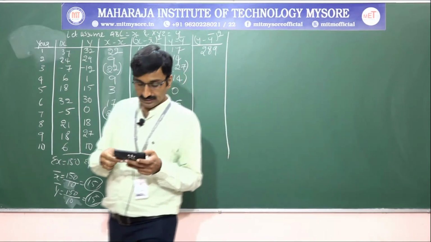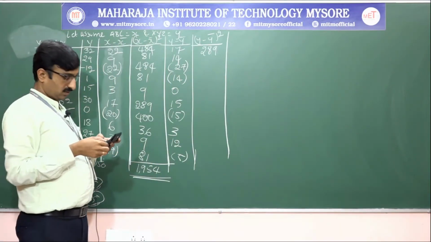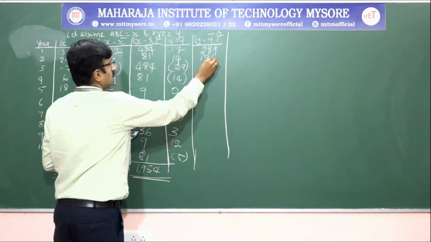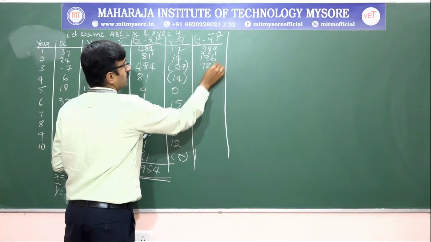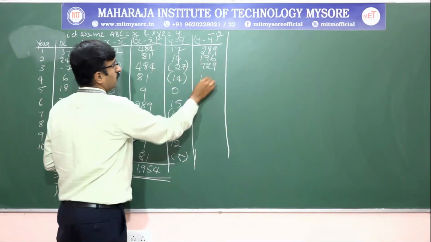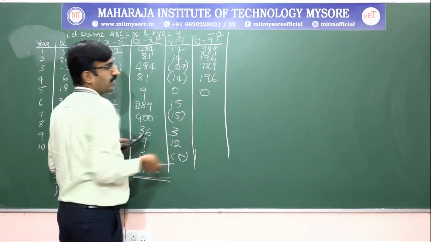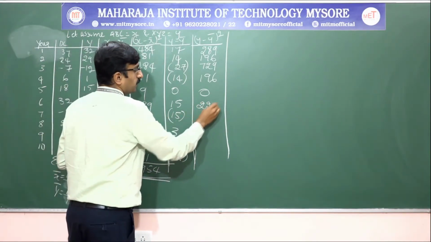Then 14 square, 196. Then 27 square, 729. 14 square, 196. 0 is 0 only. Then 15 square, how much is it? 225.